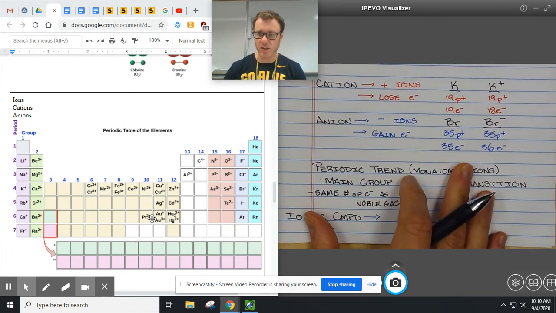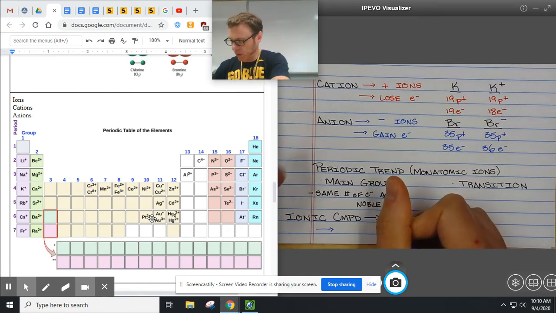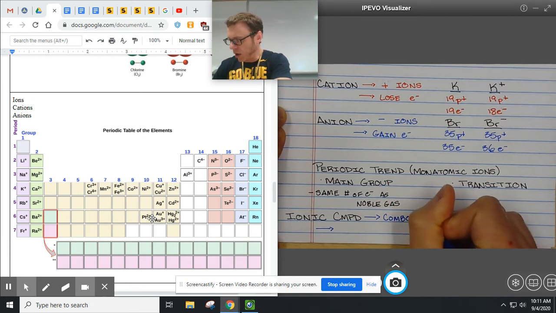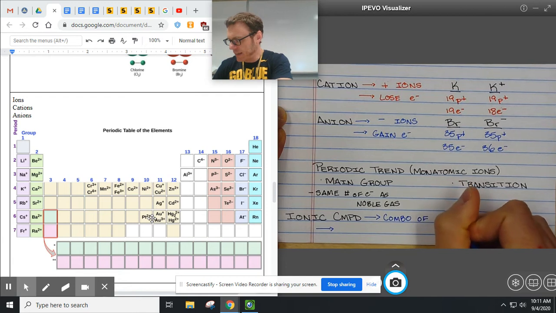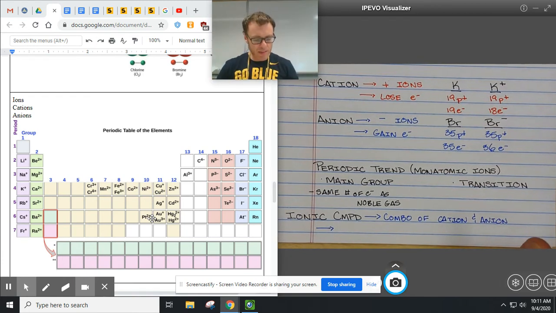And lastly, an ionic compound is a combination of cations and anions. And why might this be? Well, let's think about positive and negative attraction. I am going to make this very simple.